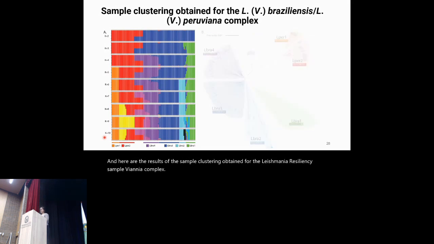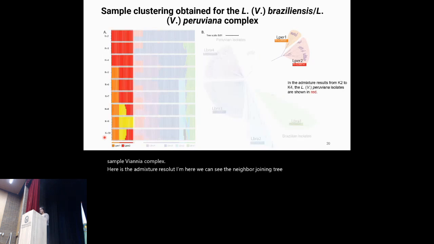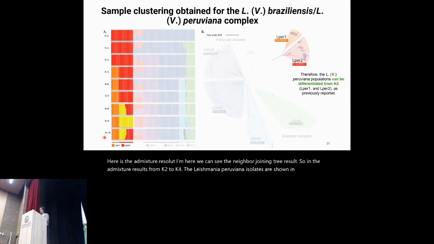Here is the admixture result, and here we can see the neighbor joining tree result. In the admixture result from K2 to K4, the Leishmania peruviana isolates are shown in red, and the Leishmania peruviana populations can be differentiated from K5, as previously reported.